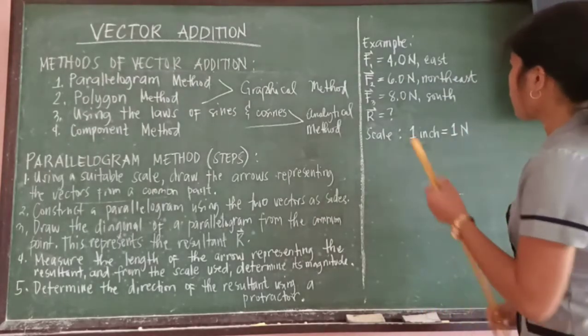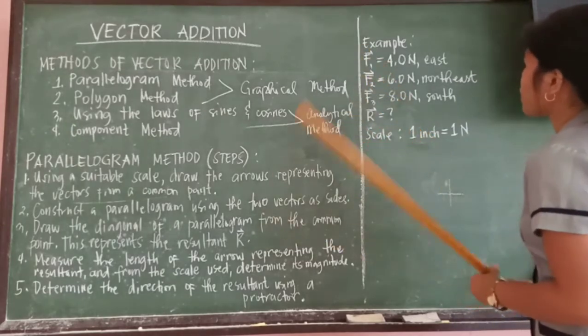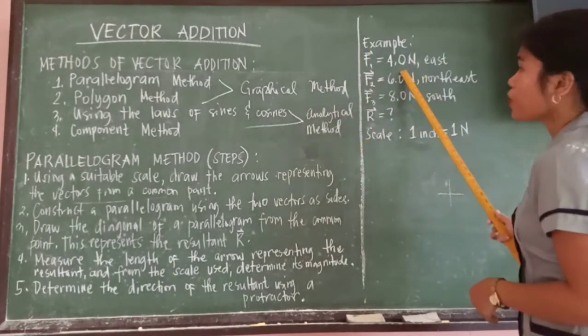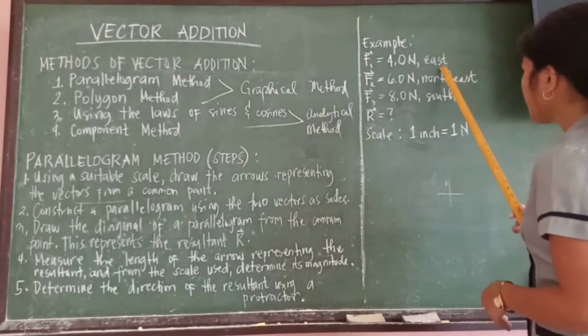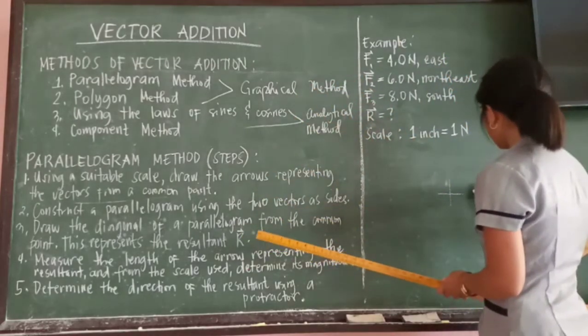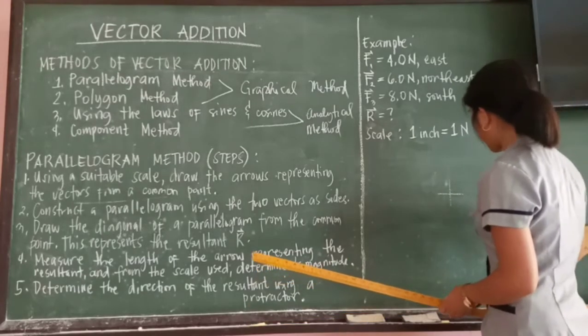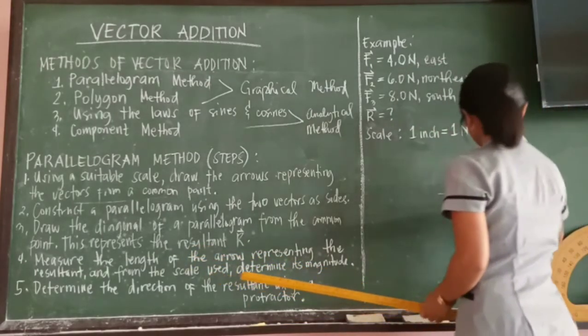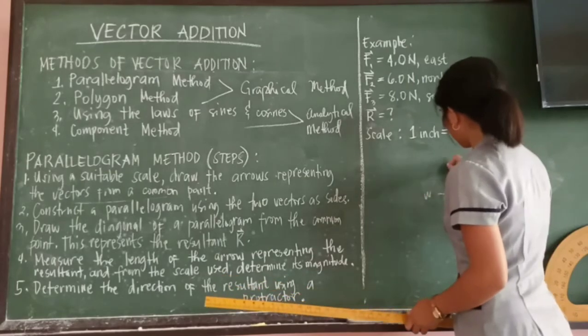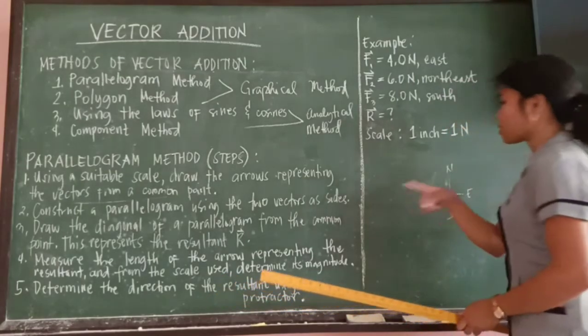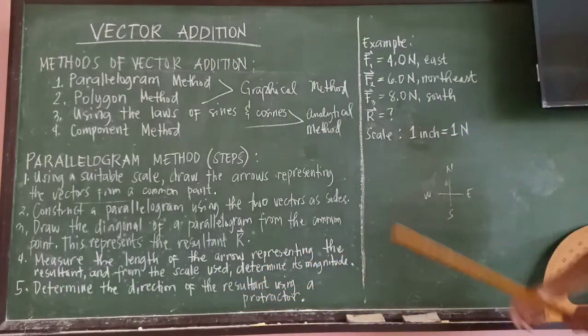Okay, first, our vector f sub 1 is 4.0 newtons directed east. Where is east? East is right here, this side. West is there, north, and then south.